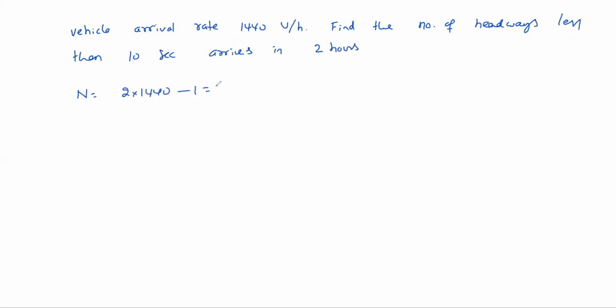If you want to calculate very correctly, then 2880 minus 1 is 2879. So the number of headways less than or equal to 10 seconds, less than and less than or equal to are the same only.